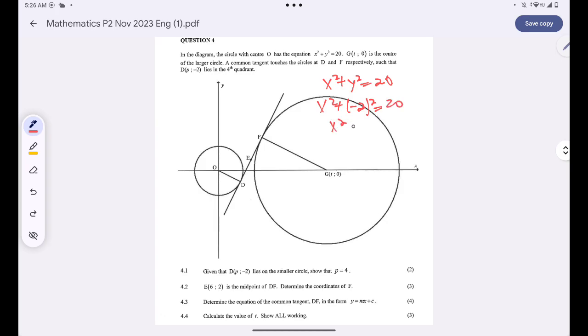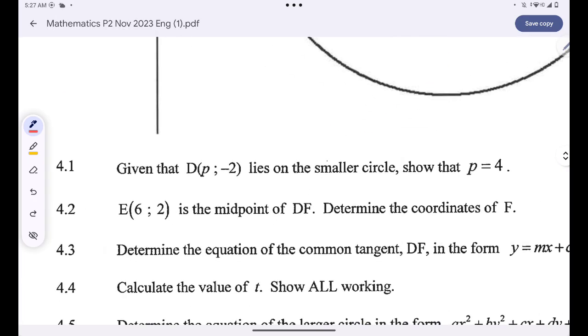And then I'll have x squared plus 4 equal to 20. X squared is equal to 16. Then x is plus or minus 4. Since D is on the right hand side of the y-axis, we'll simply say therefore x will be equal to 4. So remember that x is the x value here. So we can therefore say that P is equal to 4.